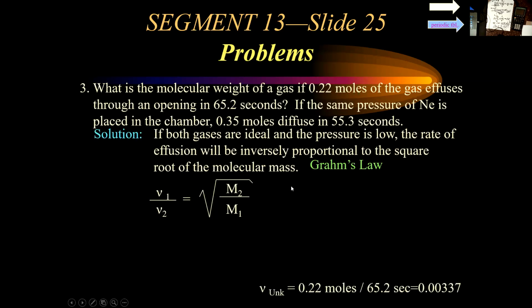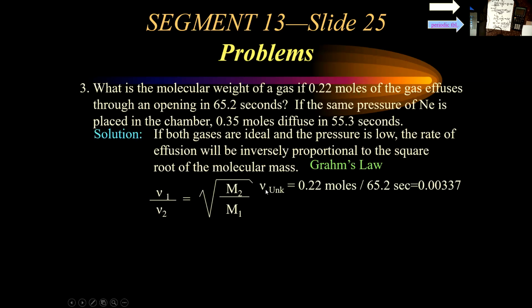And I got the data that I can put in. The velocity of my unknown gas, it takes 0.22 moles effused in 65.2 seconds. So I can get the rate of effusion is 0.00337 moles per second.